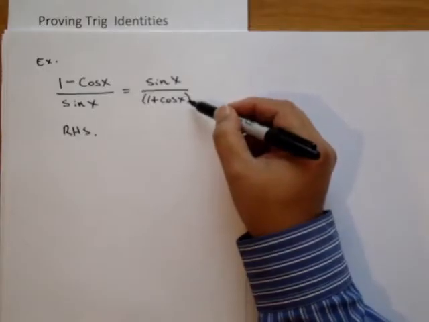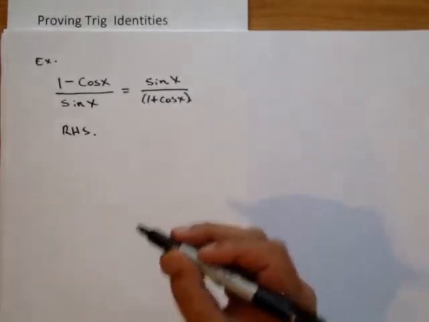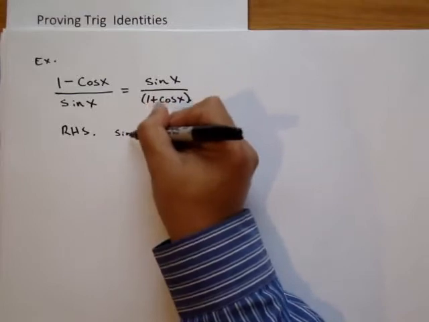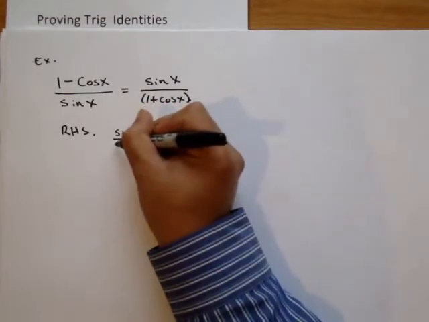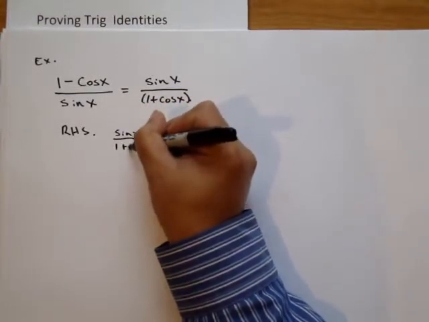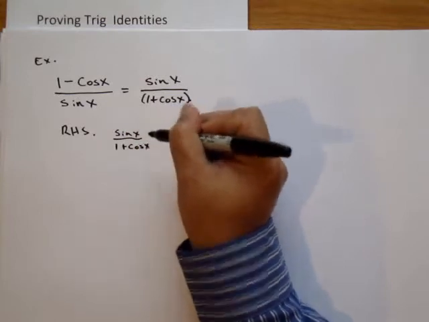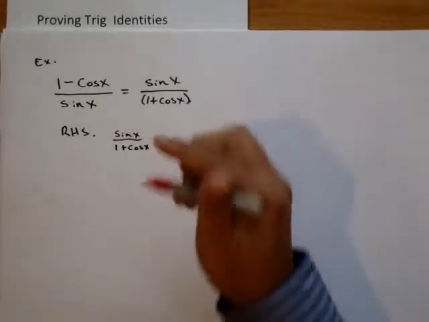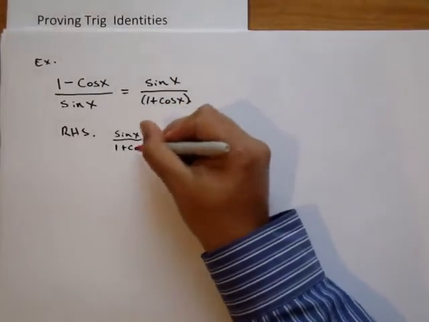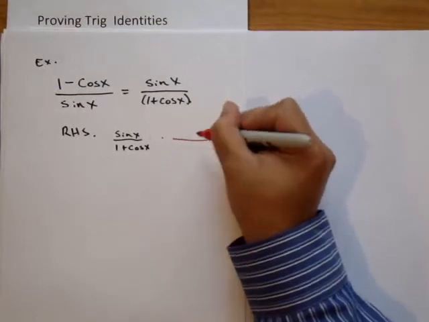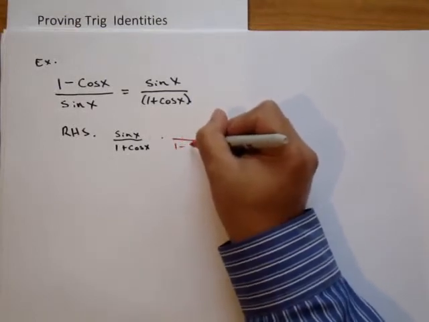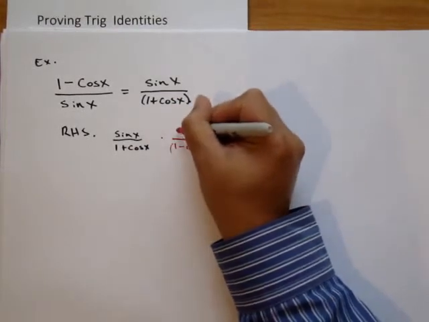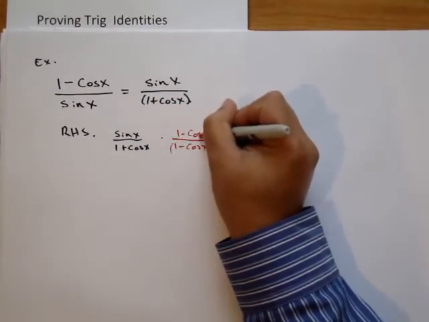Notice that we've got a binomial on the bottom, so we have sin x over 1 plus cos x, and then we multiply that by the conjugate. The conjugate of 1 plus cos x is 1 minus cos x, and we have to do the same to the top, 1 minus cos x.